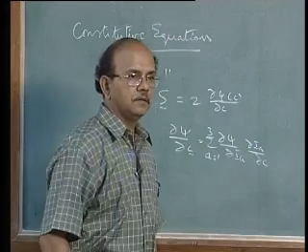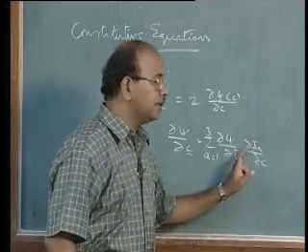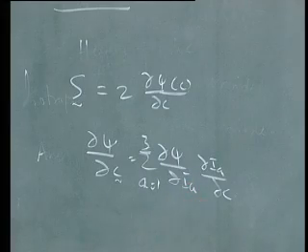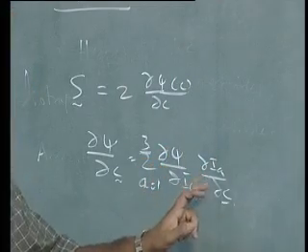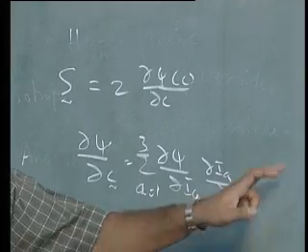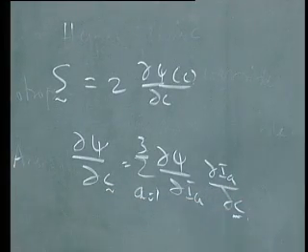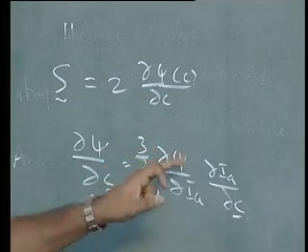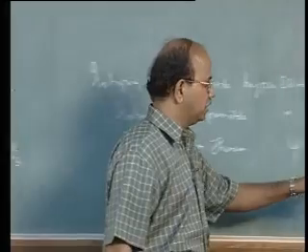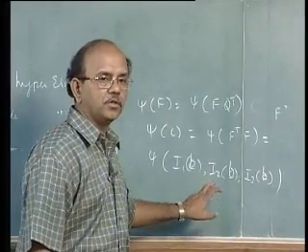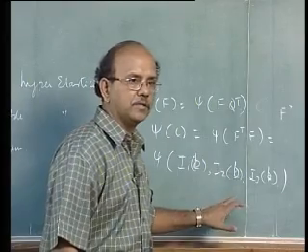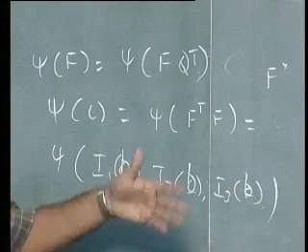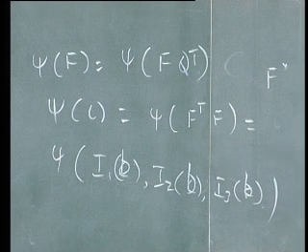That's all: dou psi by dou IA, dou IA by dou C. In other words, dou psi by dou I1 times dou I1 by dou C, plus the I2 term, plus the I3 term. Let's keep this, because this is what will vary from one material to another. This function here is going to vary from one type of material to another type of material. Let's keep that as it is.